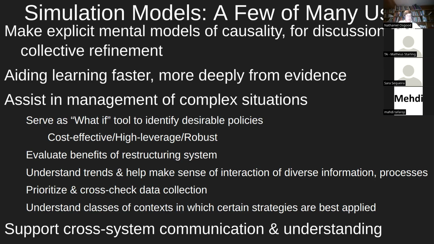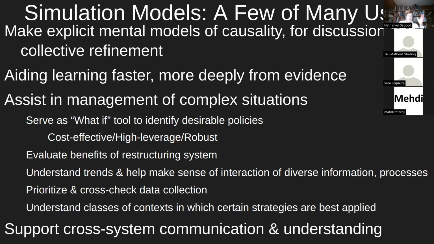So what are some uses of this model? Well, some of my colleagues, Dr. Burke, who is Dean of University of Pittsburgh, and Josh Epstein during his time at Johns Hopkins, have listed dozens of uses of simulation modeling. I'll just mention a few here.